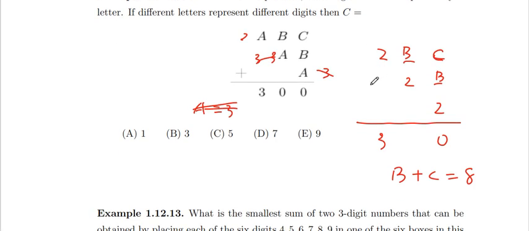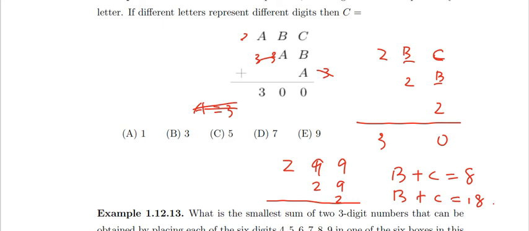So B plus C equals 8, or B plus C equals 18. If B plus C equals 18, then B and C both are 9. But 2, let's say 9, 9, 2, 9, 2. This is not 3, 0, 0, 0. Okay. So we say B plus C should equal 8.